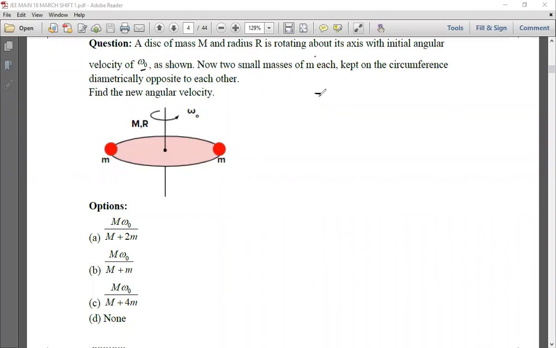So first I am writing the given things. First case number 1. Mass is capital M, and angular velocity is omega naught.